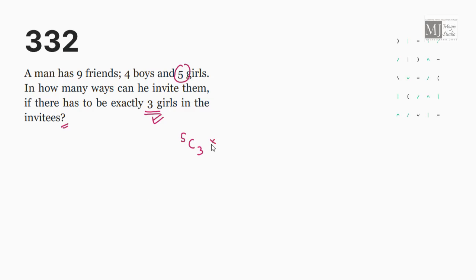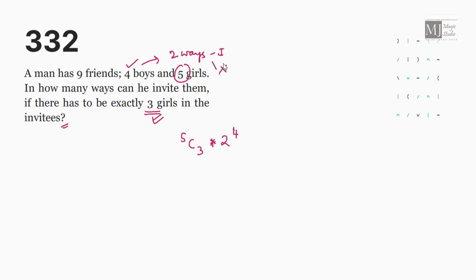Now, he may invite these boys, or he may opt not to invite these boys also. So in how many ways may he invite 4 boys? That he may or may not invite them gives 2 to the power 4. One boy may be invited in 2 ways: either he would be invited or he won't be invited.